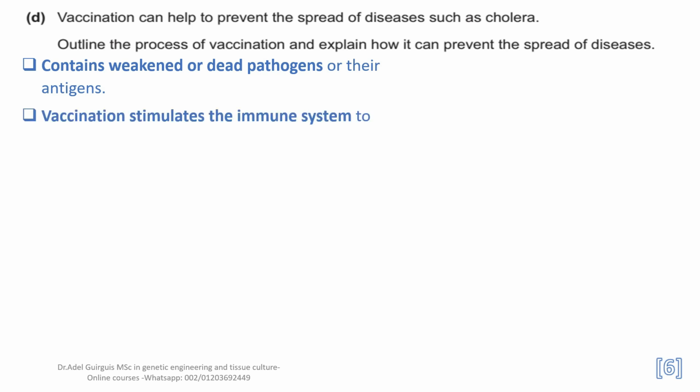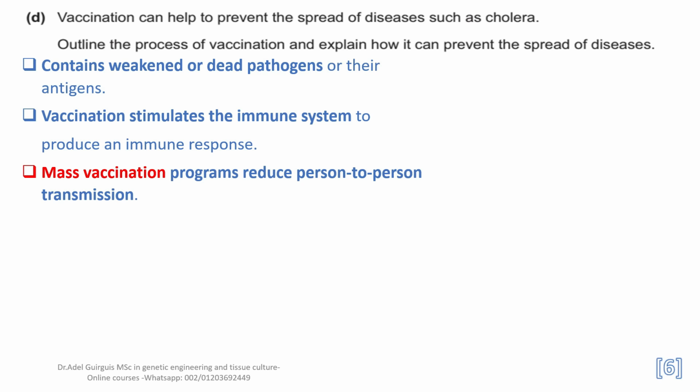Vaccination stimulates the immune system to what? To produce an immune response. How come? Mass vaccination programs reduce person-to-person transmission.